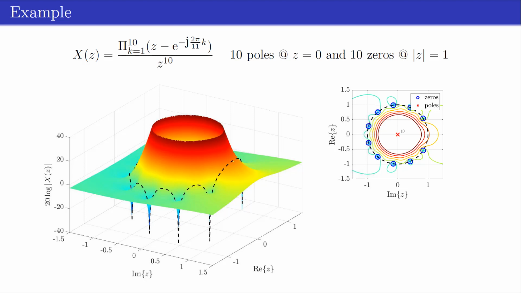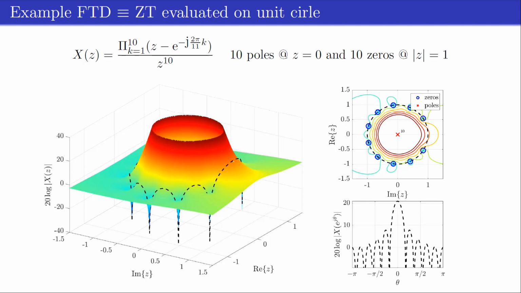These 10 poles at z is 0 and 10 zeros on the unit circle can be represented by a top view figure of the three-dimensional plot. Finally, as mentioned before, by evaluating the z transform on the unit circle, we obtain the FTD result as depicted in the lower right plot.